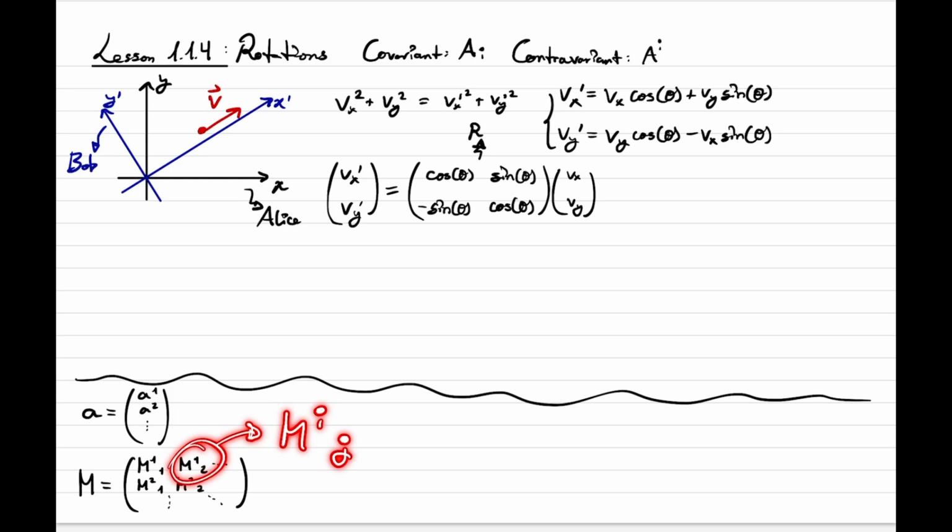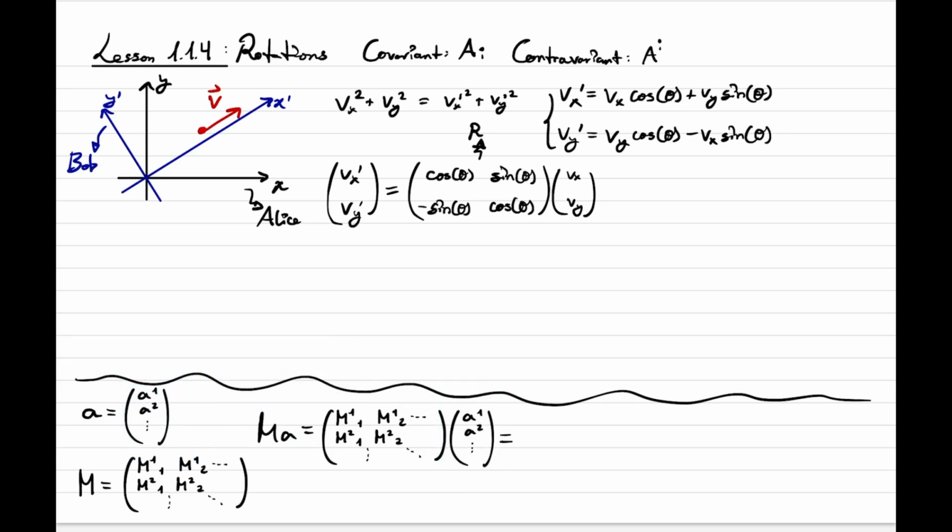But just take into account that the first index, no matter if it's up or down, accounts for the row of the matrix. It's the row number. And the second index, no matter if it's up or down, accounts for the column of the matrix component. Okay, so taking this into account, we are going to multiply M by A, and we are going to find a formula for index notation.